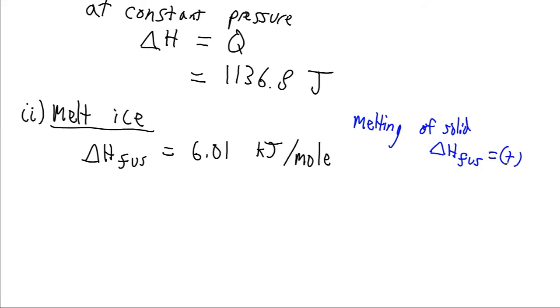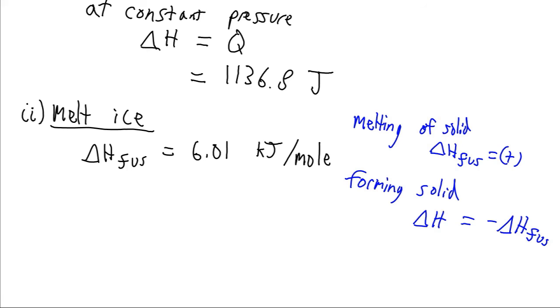Now if we are instead forming the solid, so we are freezing our substance, in that case our enthalpy is going to be equal to negative that enthalpy of fusion. And a lot of times when people are doing these problems, they get to this step and they will use the wrong sign here, and then when they add it to our other enthalpies, that's where things kind of go haywire.